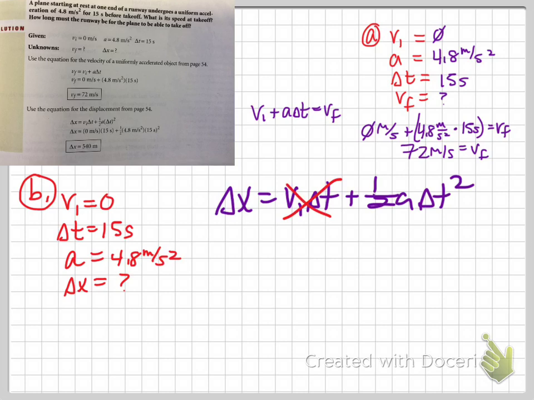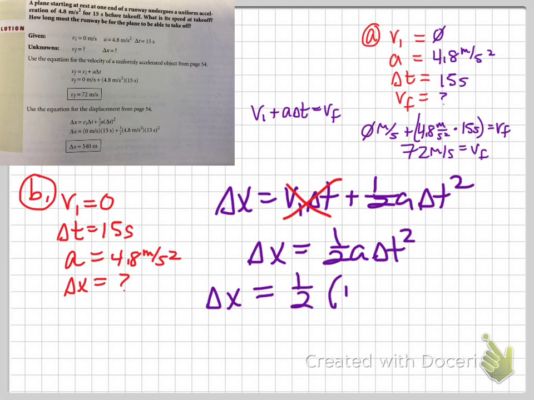Vi is 0, so that part disappears. I then generally rewrite delta x equals 1/2 a delta t squared.